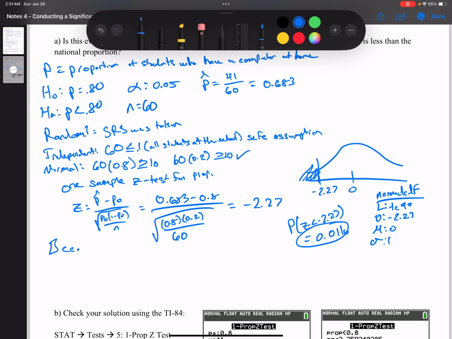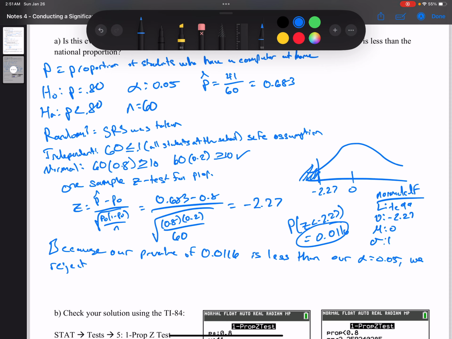So because our p-value is, got to state our p-value. Our p-value of 0.0116 is less than our alpha of 0.05. Remember, if it's less than, then we reject.